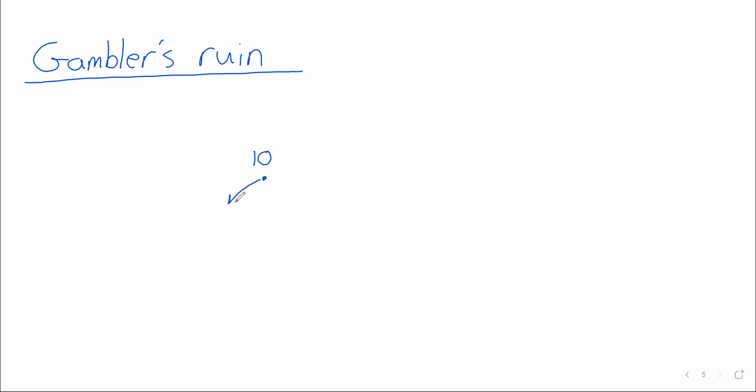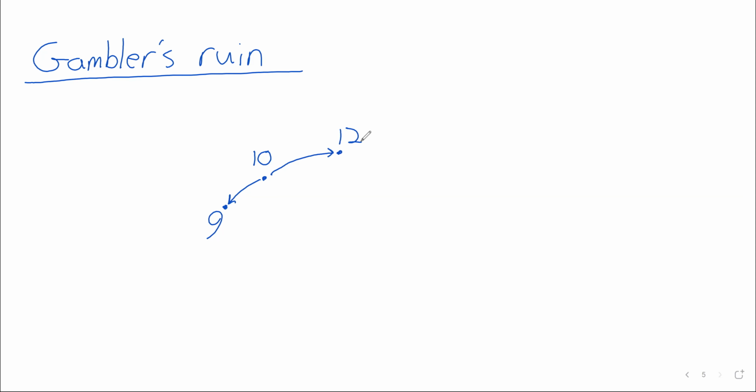So you could lose, in which case you go from 10 to 9, or you could win. Let's just, for simplicity, say that a win on a $1 bet will result in a $2 gain.